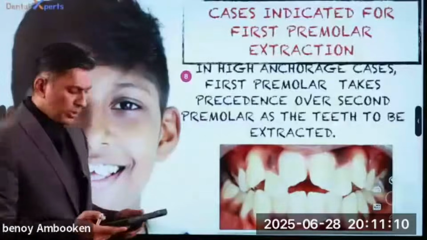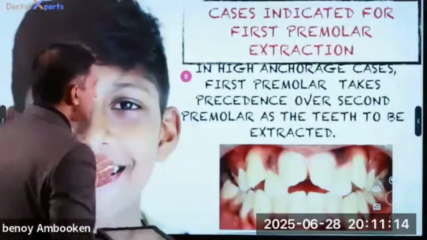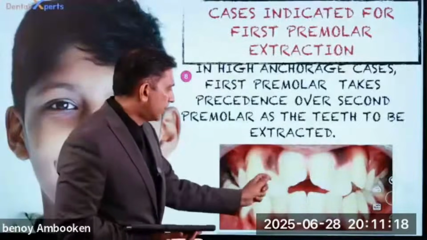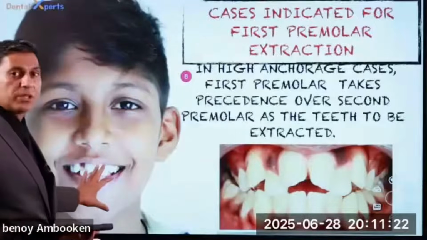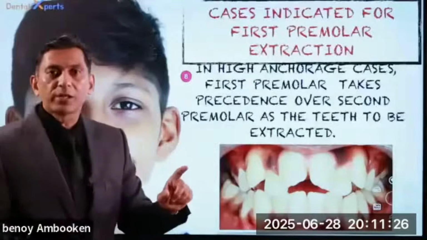You can appreciate the occlusion here. Occlusion should be as perfect as possible. Now, coming to another first premolar extraction case, the high anchorage cases: cross bites, proclination with anterior rotation, and patients with highly incompetent lips. All these are highly indicated for first premolar extraction.